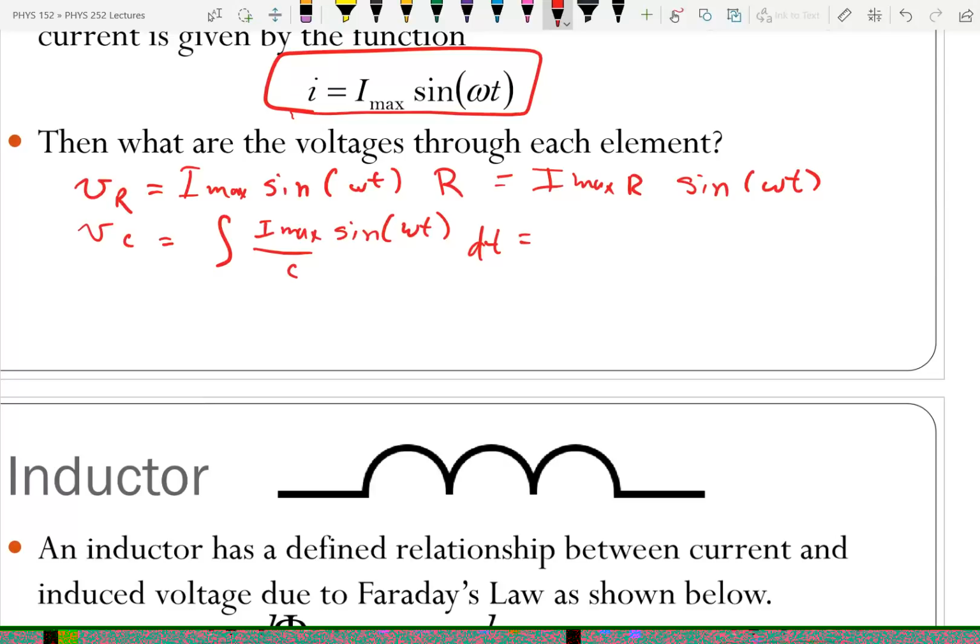And so what do we get for the integral of sine of omega t dt? 1 over omega times cosine omega t. Now, I have to admit there's a little bit of unit variation here because I have dt.